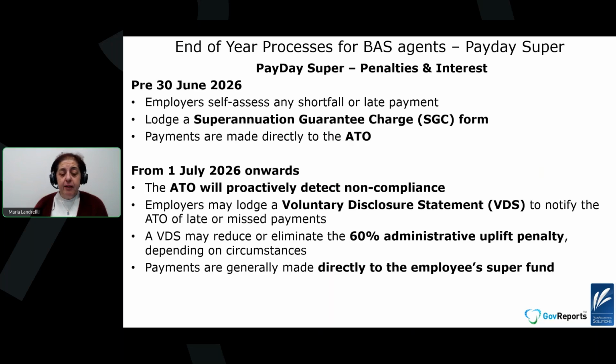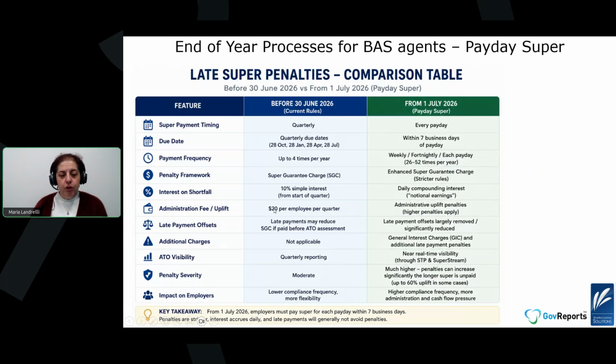And the payments are then made to the employee's super fund, not to the ATO as was previously done. So as I said, previously it was a 10% interest, $20 per employee per quarter, whereas now it can be up to that 60%.